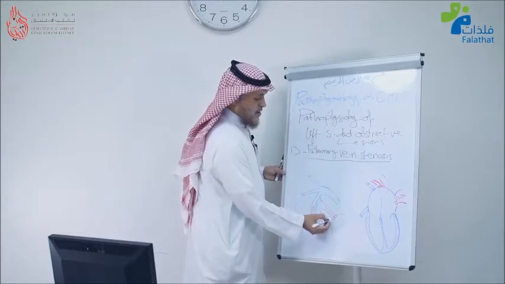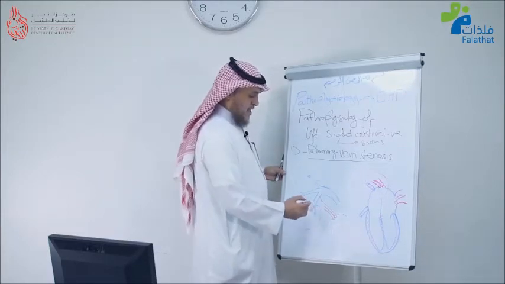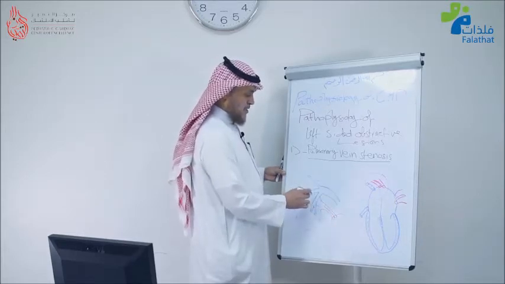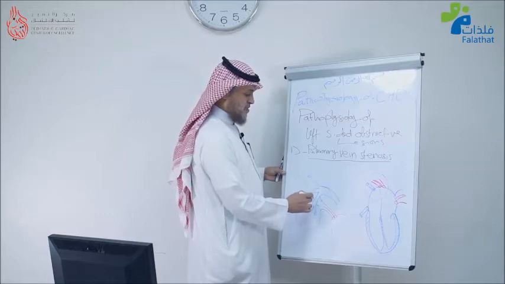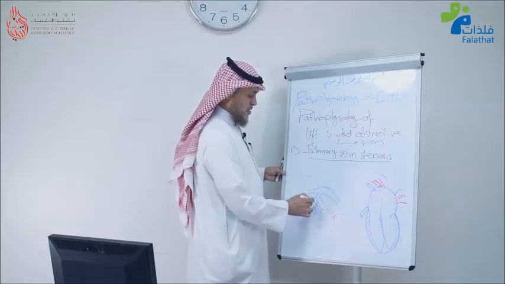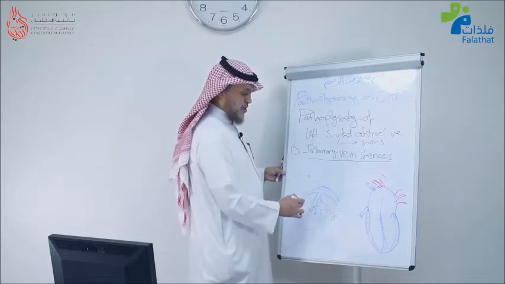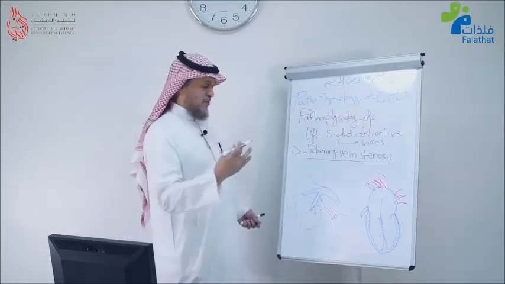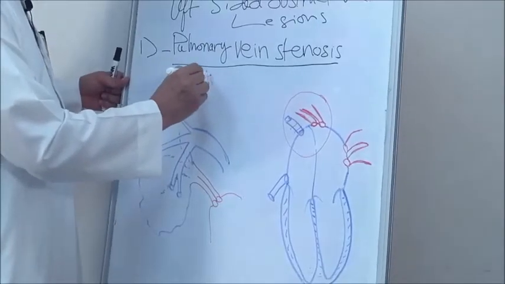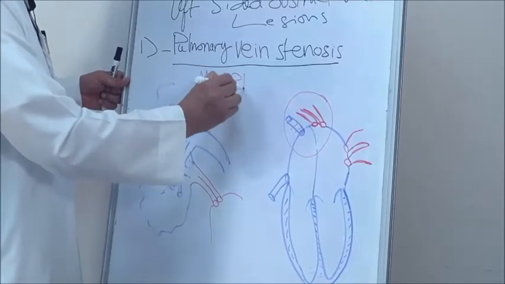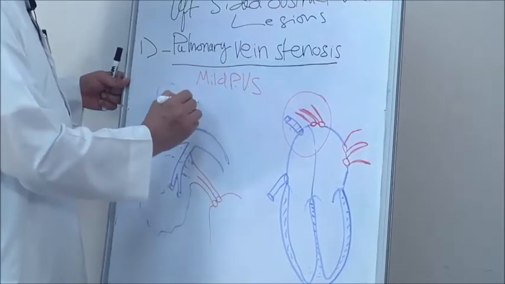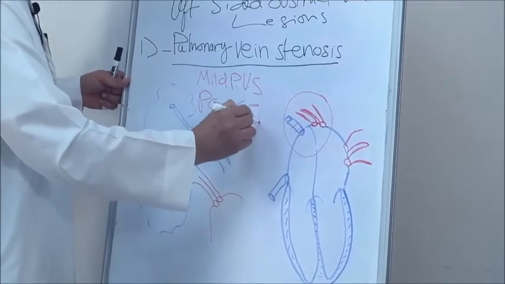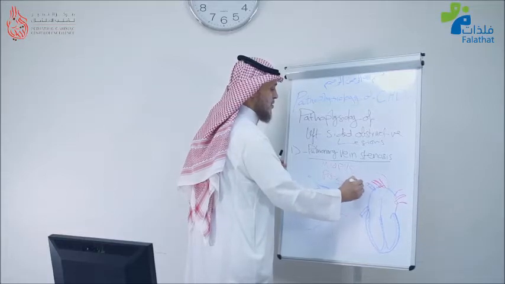If we say that they are only mildly stenotic, then the pressure difference between the left atrial pressure and the intraparenchymal venous pressure is probably less than or equal to 5 millimeters of mercury. Mild pulmonary vein stenosis: pressure gradient less than or equal to 5 millimeters of mercury.